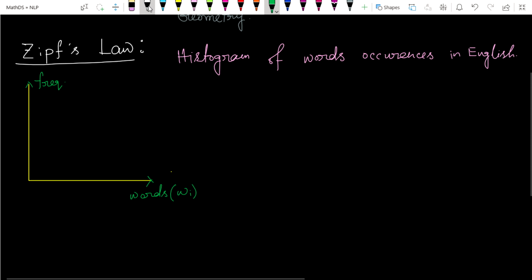So the plot of this law will look like this type.